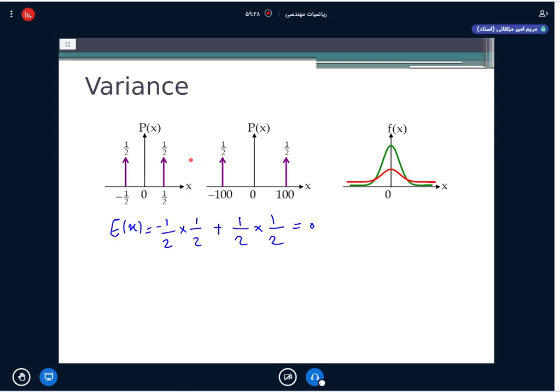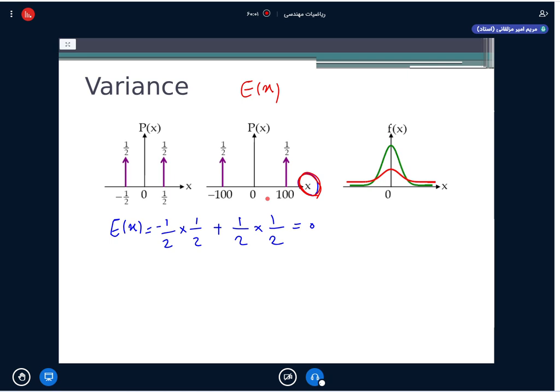Now, here we have another random variable. Also, we denote it x. Okay, this random variable takes the values negative 100 and positive 100 with the same probability of 1/2. Okay, what's the mean, the expectation of such x?